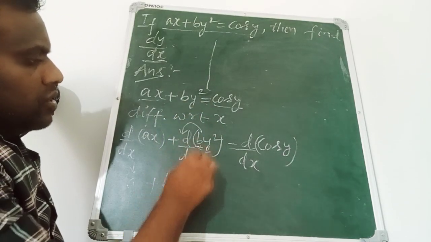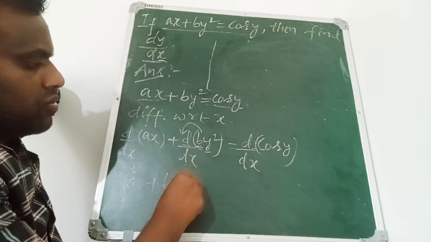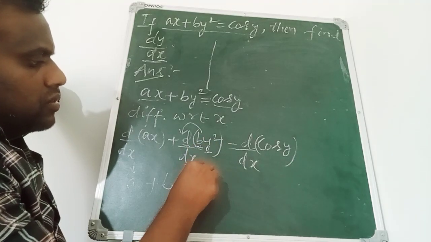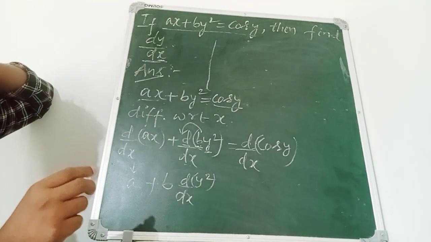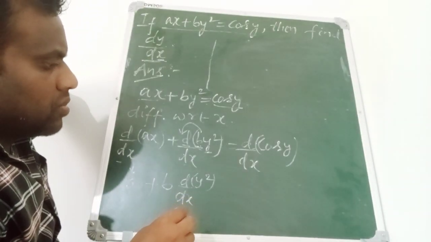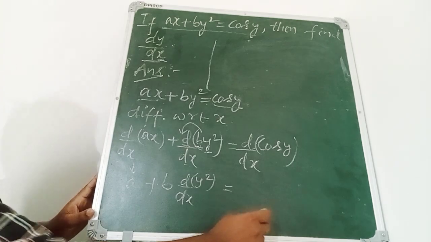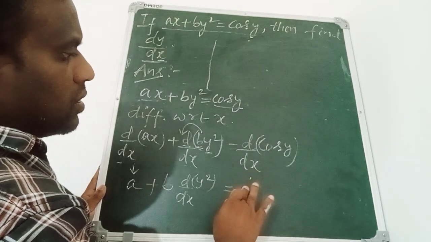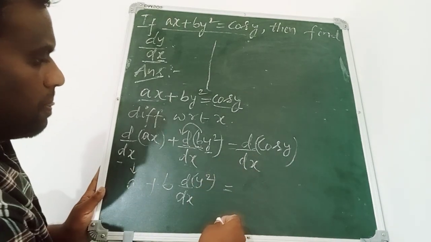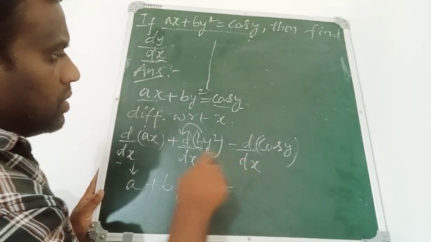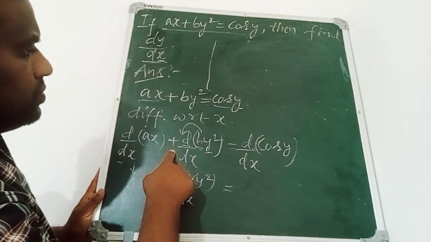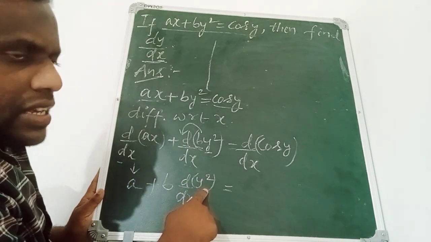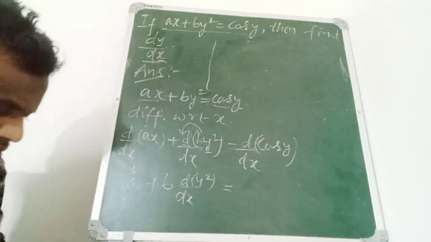So b, and what is left is d by dx of y square. b is taken outside.